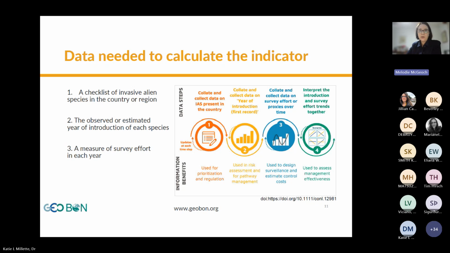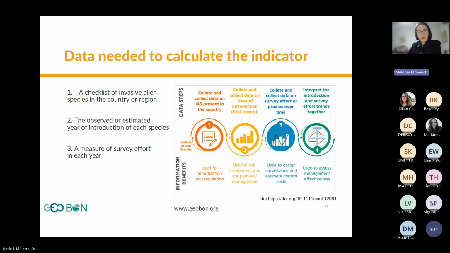So, for example, if we go through the different data steps from 1, 2, 3, and 4, the first step in producing the indicator, which is to collate and collect data on the invasive alien species present in the country, that information can also be used for prioritizing invasive alien species and in regulation.